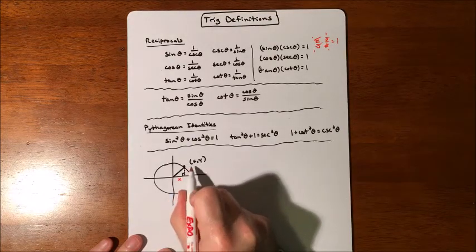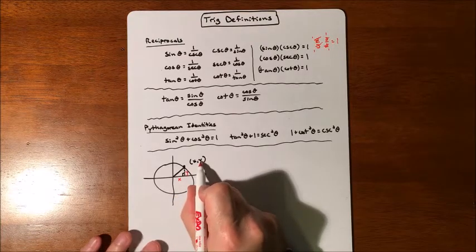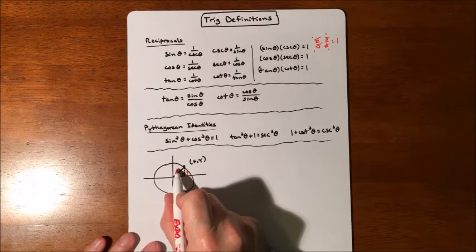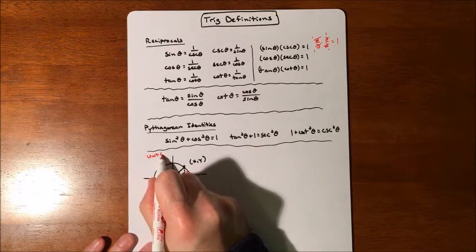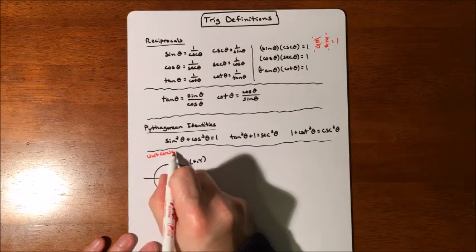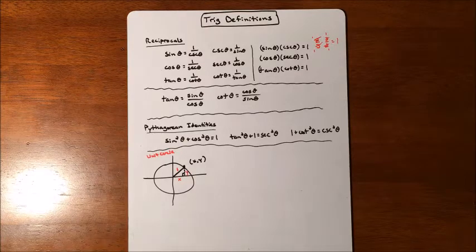So x is our horizontal distance based on our coordinate, and y is our vertical distance based on our coordinate. And in the past, this was a radius. This time, though, we're going to be talking about the unit circle. On a unit circle, that locks our radius at 1. So we're not talking about bigger or smaller circles, just a basic circle with a radius of 1.